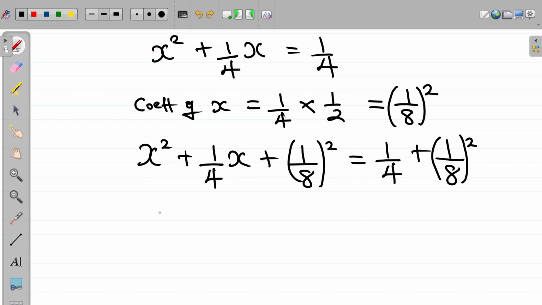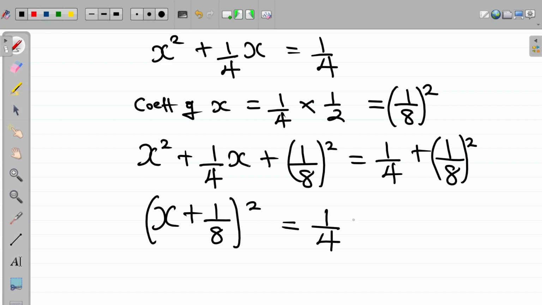So factorizing the left-hand side, we have s plus 1 divided by 8, all enclosed in the bracket squared, is equal to 1 divided by 4. Simplifying 1 divided by 8 squared, we obtain 1 divided by 64, because 1 squared is equal to 1, 8 squared is equal to 64.